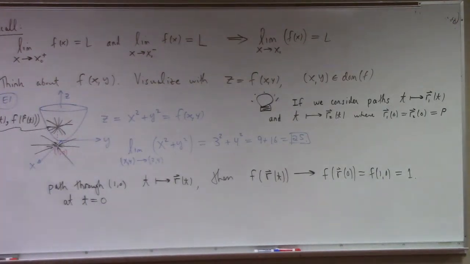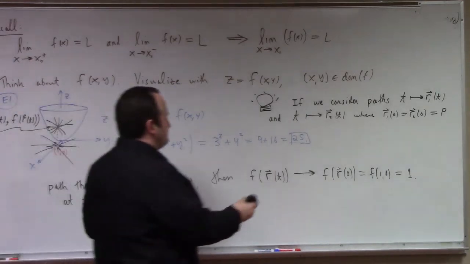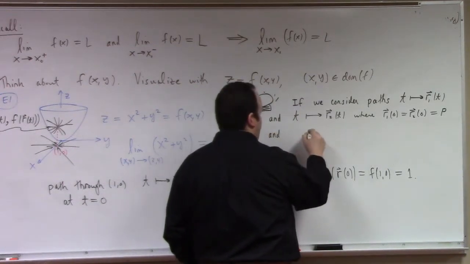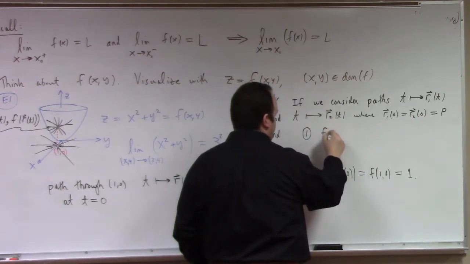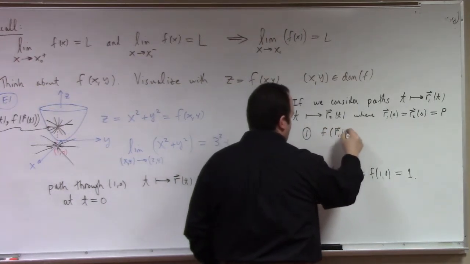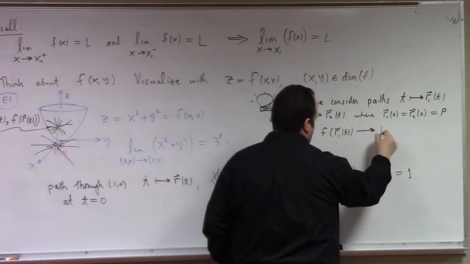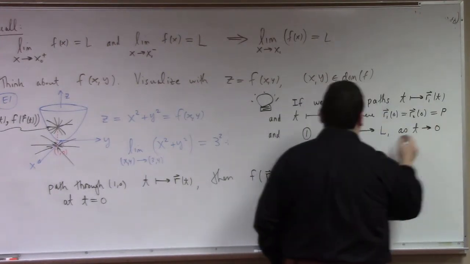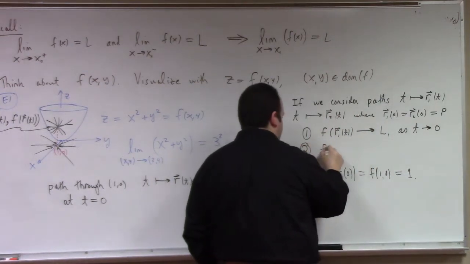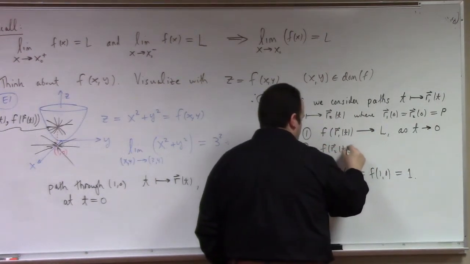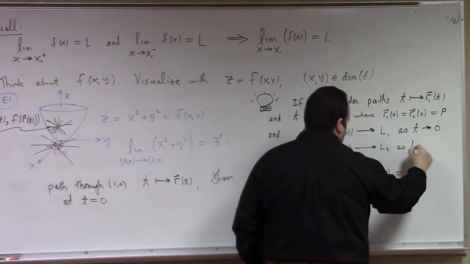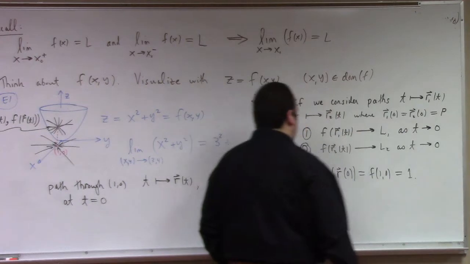So suppose we have two paths through the limit point p. On the one hand, we have that f of R1 of t goes to L1 as t goes to 0. And two, we have f of R2 of t goes to L2 as t goes to 0, right?